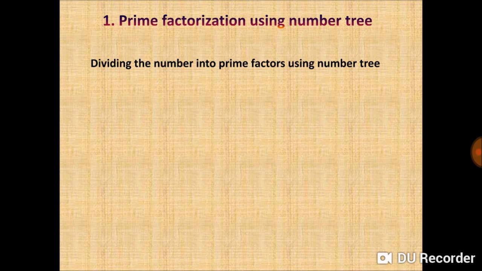So example, I am using 90. So start making a factor tree. Divide 90 into 10 multiplied by 9. So start writing the factor tree.